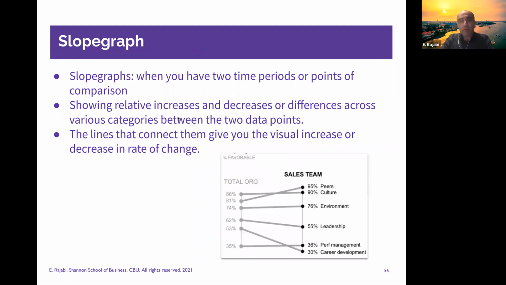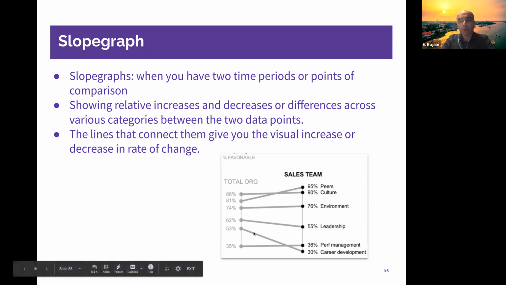A slope graph, when we want to show only two time series, past or current situation and future, then we use a simple line between the previous situation and current situation, and we connect different timeline to each other.